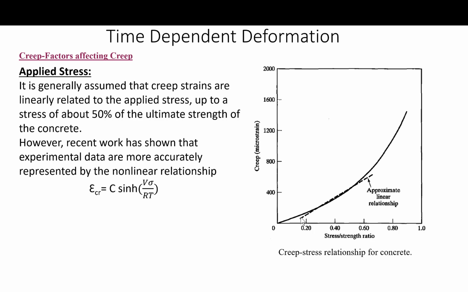But for practical reasons, a linear proportional relationship is often used, giving rise to the concept of the specific creep as defined earlier, which, if you remember, allows creep to be compared for different specimens loaded at different stress levels.